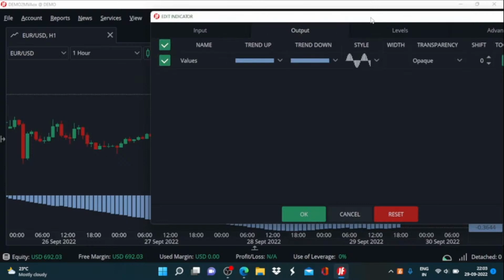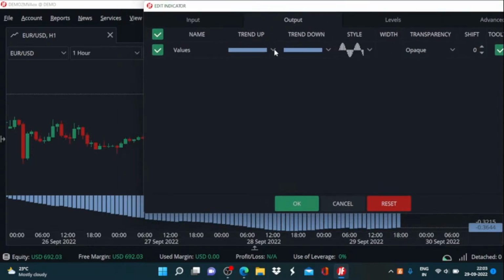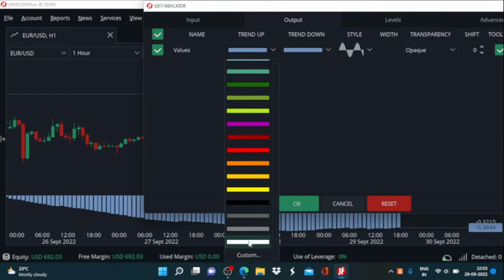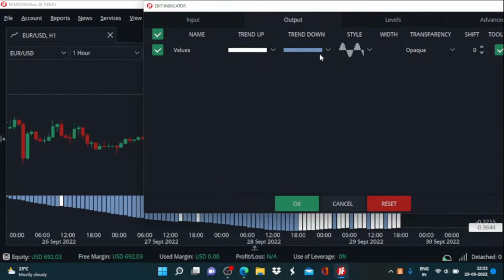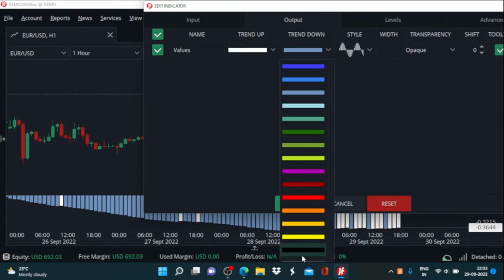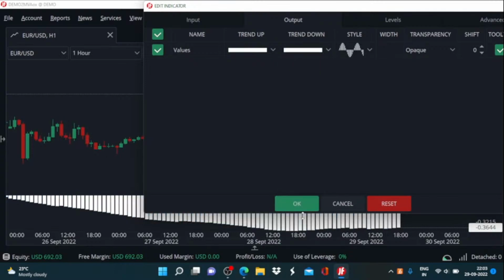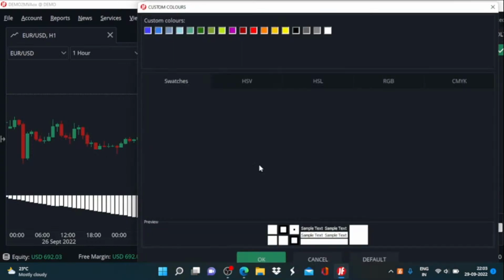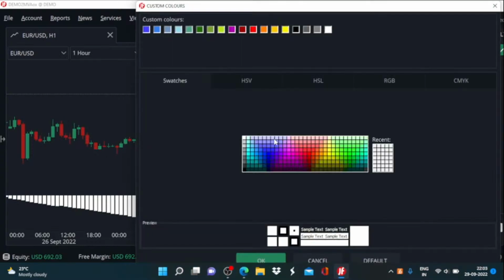Alright, now coming to the output, you can play around with colors as well. You can go for the customization of this output. If you like to make it all black and white, you can do that as well. So now I have changed the color. If you want to customize it further, you can go for a custom color combination as well.